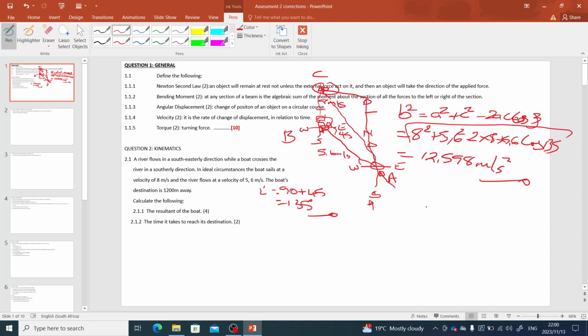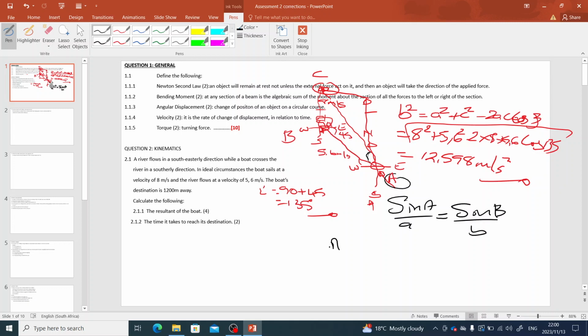Then the second thing that we need to determine is the direction. What is it that we know in determining the direction? We said that when coming to direction, we always calculate the angle from where we have started projecting. That means we are calculating the angle A. In calculating it, we will be using the sine rule. It will be sine A over a equals sine B over b.